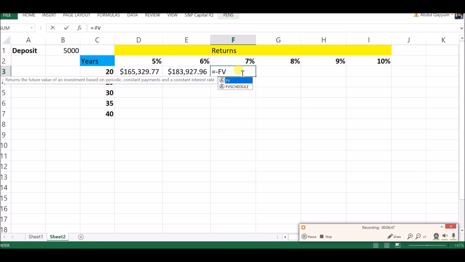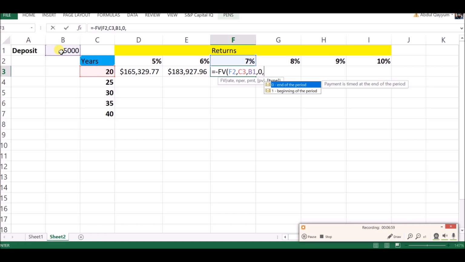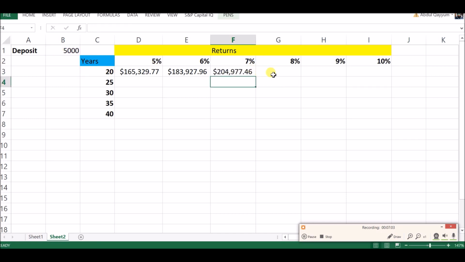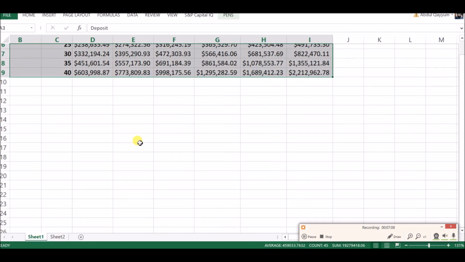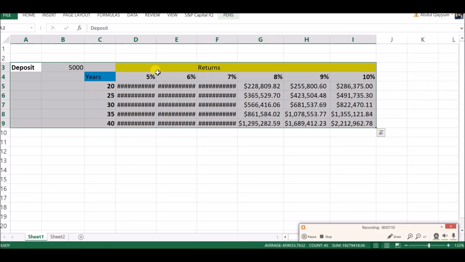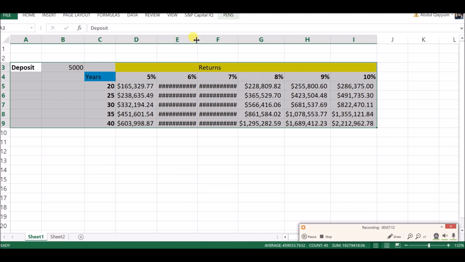Similarly, for the future value where the rate is 7%, we have period 20, then $5,000, then 0, then another 0, and this is it. By doing this again and again, you will get these calculations.